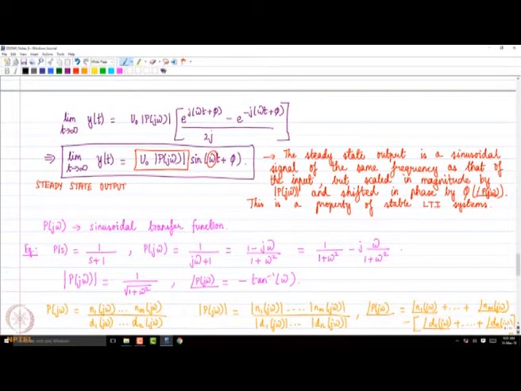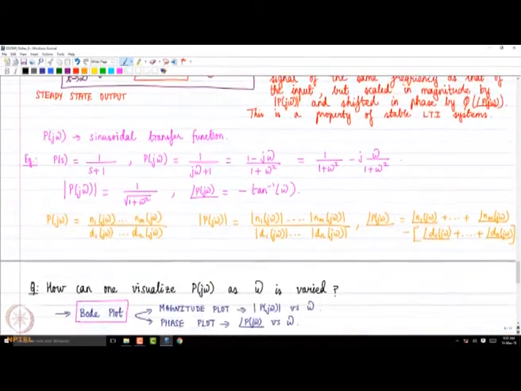Phi is also the phase of P of j omega. So depending on omega, the magnitude and the phase shift would be different. That's something we observed yesterday. Consequently, the frequency response is characterized by P of j omega, which is called the sinusoidal transfer function. So that's something we discussed yesterday.